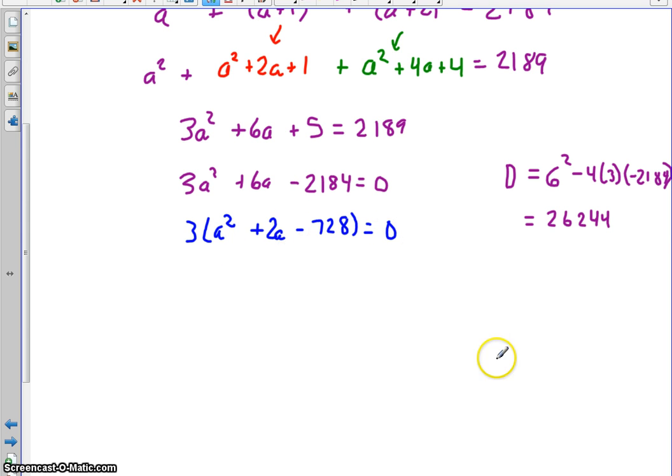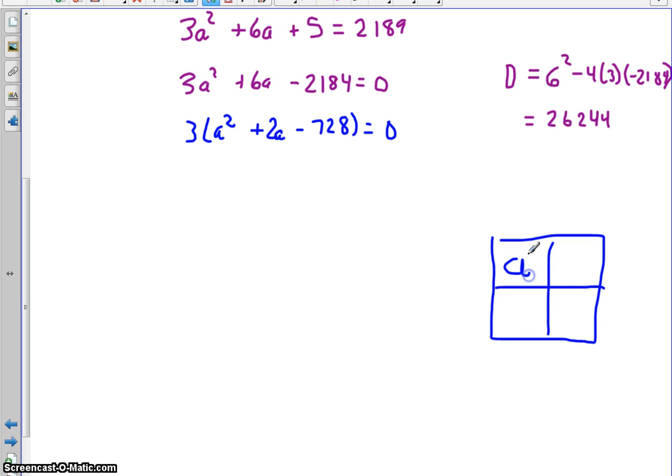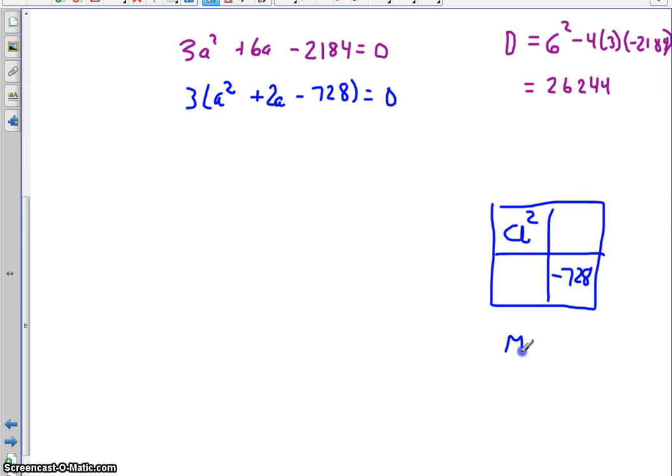Even with the ugly numbers, it's still going to wind up being a simple trinomial. So I need two numbers that multiply to negative 728 but add to 2. I'm going to do a little bit of trial and error here to work out those two numbers.